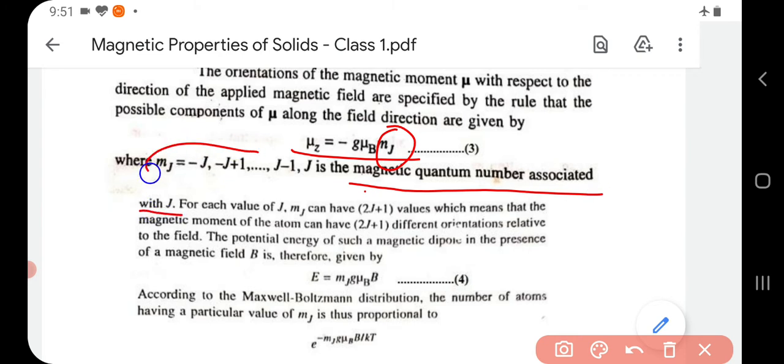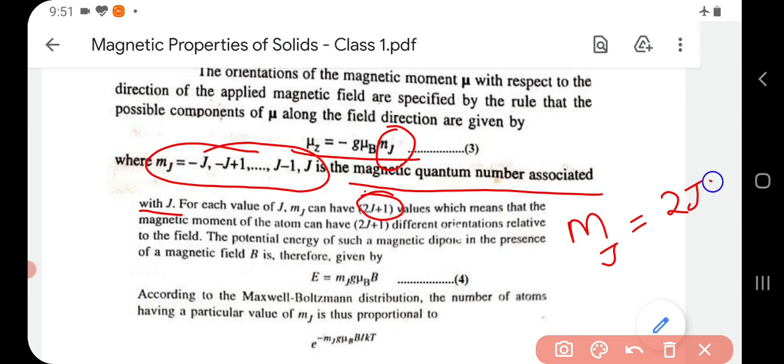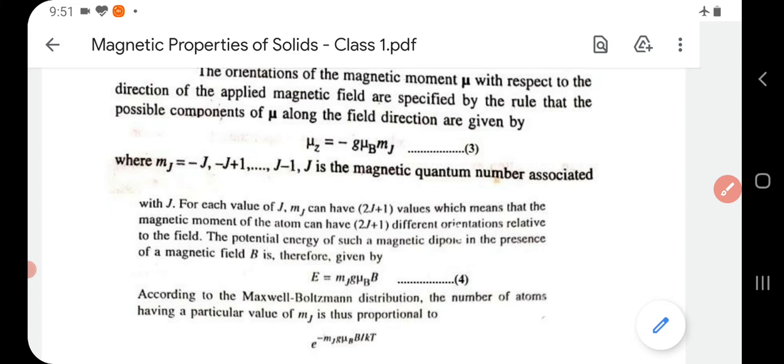It can have values from minus j to plus j. That means it can have 2j plus 1 values, which again means that mj can have 2j plus 1 different orientations related to the field. Hope it is clear. Now, next portion.